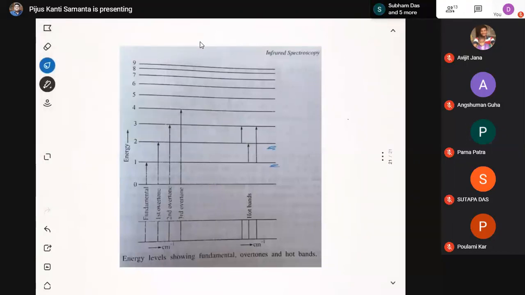Then it will occur only at higher temperature, and in that case these absorption intensities will be observable. That's why these are usually termed hot bands. They are usually not observed, and are observed at high temperature only.